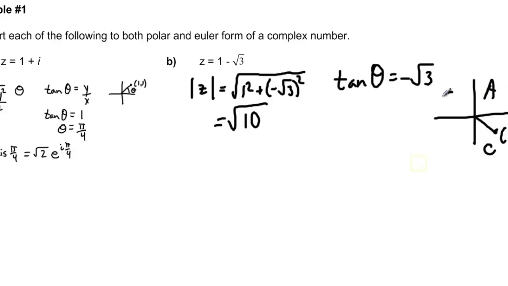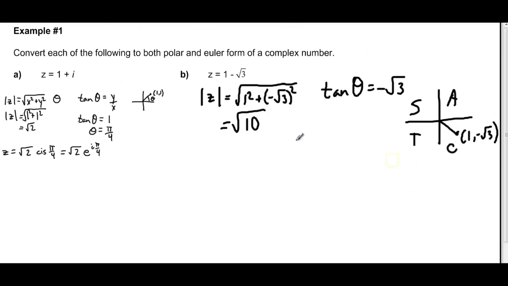So by the CAST rule, tangent is negative. And if we check our special triangles, we've got 60 degrees, 2, root 3, and 1. So we're looking at tangent of 60, or pi over 3. Because it's in that fourth quadrant, we're actually going to use theta equals negative pi over 3.